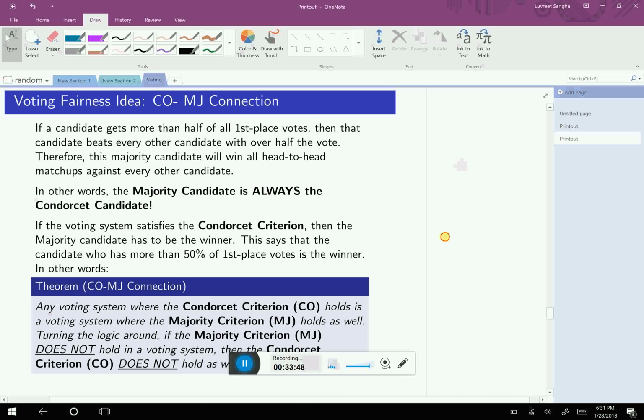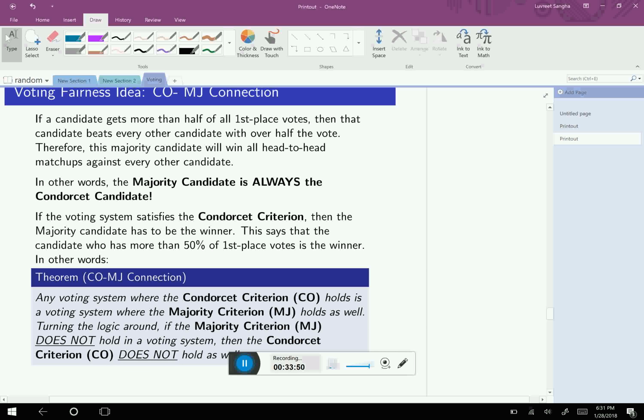Alright, so I want to point out one key thing. We sort of mentioned this before, but it turns out that anytime a candidate gets over half of the first place votes, meaning that they are a majority candidate, if they get over half of the first place votes, what that means is they had to beat every other candidate when you look at matchups, because they have over half of the vote.